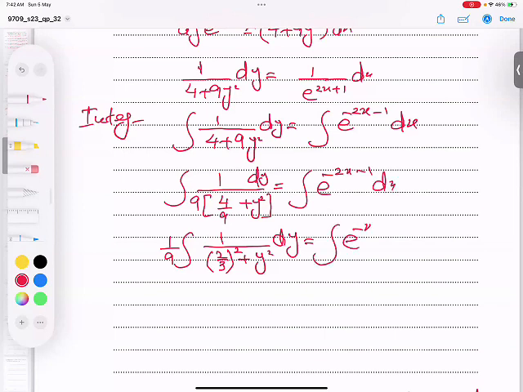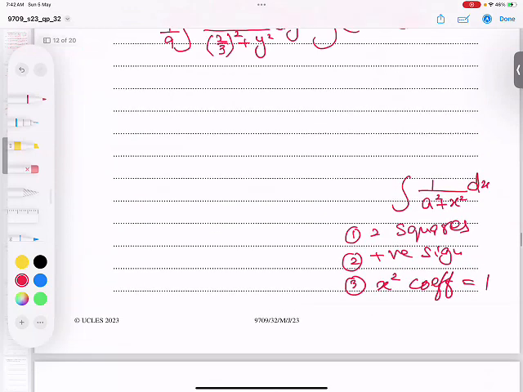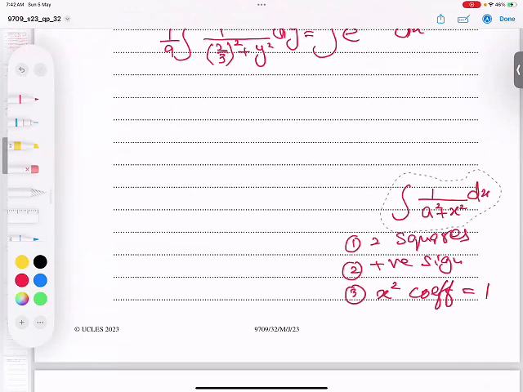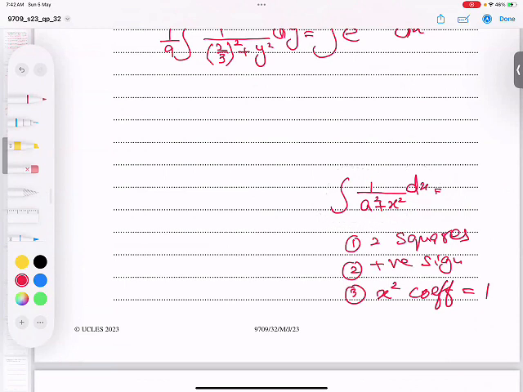Even I'm copying here. Wait a minute. And now, students, I'm integrating, and you know it very well. Now what is the integration of this one? Hold on, let me write the answer. The answer is 1 over constant, which comes from here, times tan inverse of variable over constant.